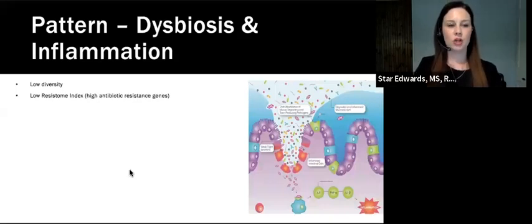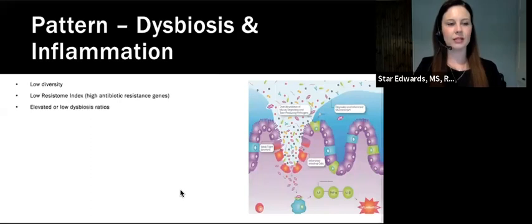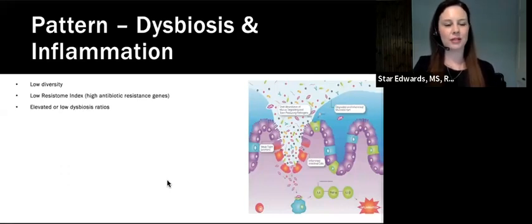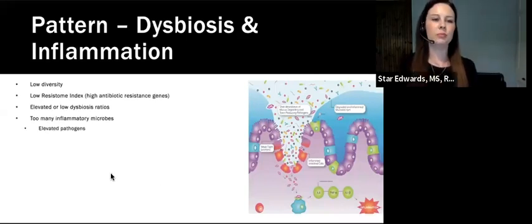Also, a low resistome index. This means that you have high antibiotic resistant genes, which actually activates inflammatory cytokines. Elevated or low dysbiosis ratios are a sign of dysbiosis. That's the number one way to tell if your patient has dysbiosis and resulting inflammation. Too many inflammatory microbes could include pathogens.